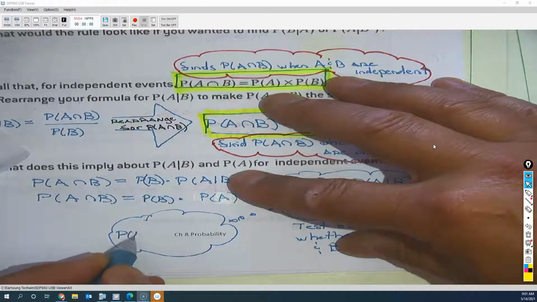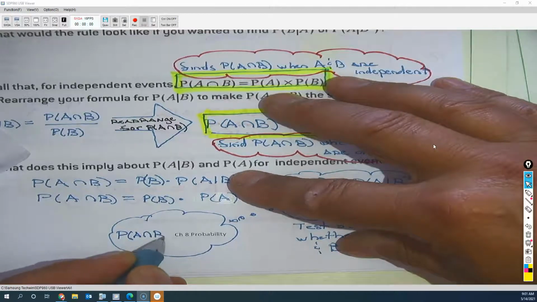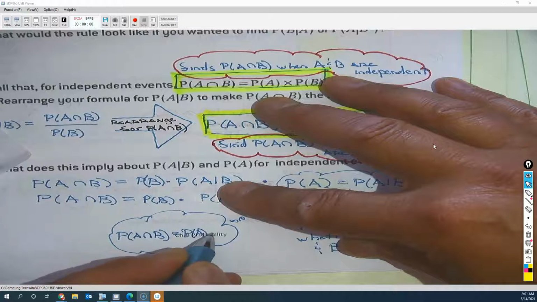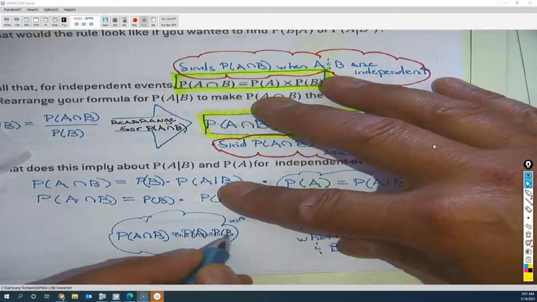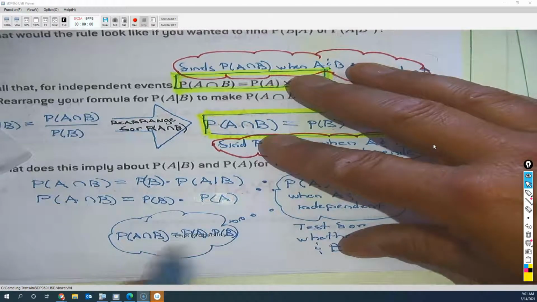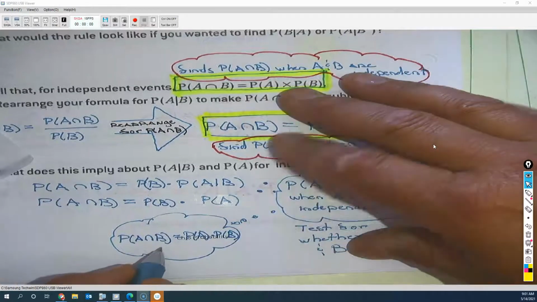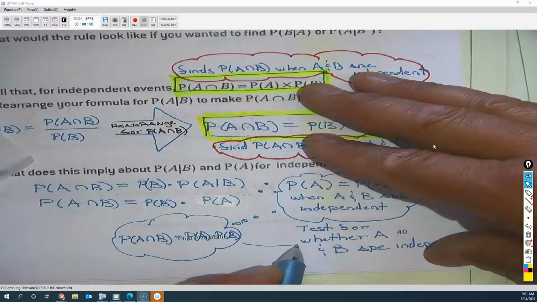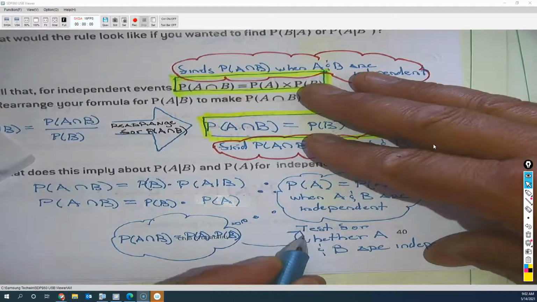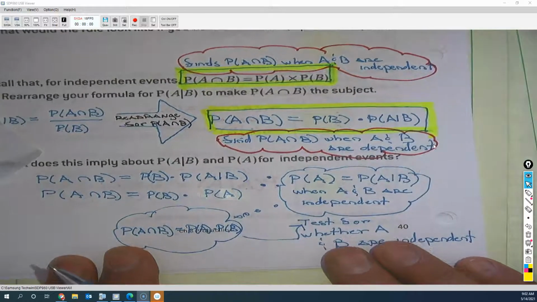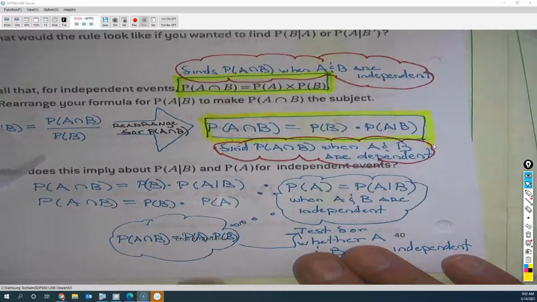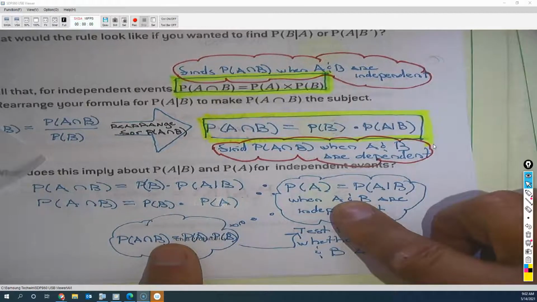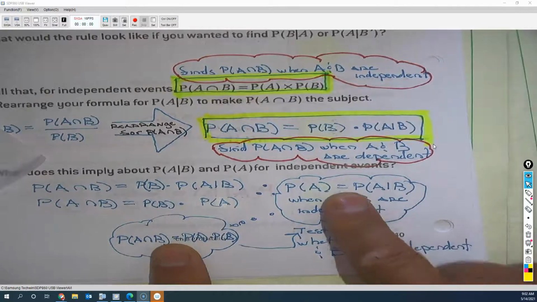If the probability of the intersection is equal to P of A times P of B, then A and B are independent. That's another test. So you've got two ways of figuring out if something is independent. You could use this and test it, or you can use this and test it.